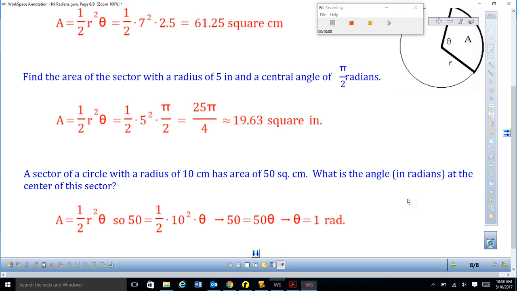So I have 50 equals half 10 squared times theta. From here I get 50 equals 50 times theta. Well, if I divide both sides by 50, 50 divided by 50 just gives me 1. So theta equals 1 radian.